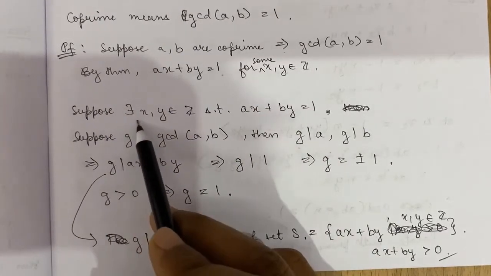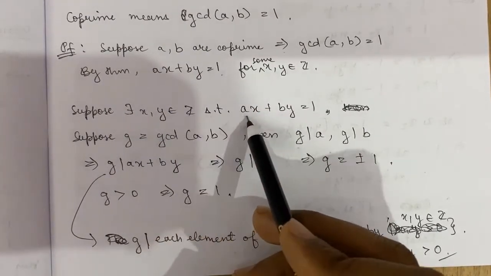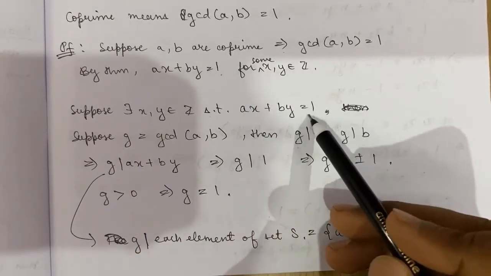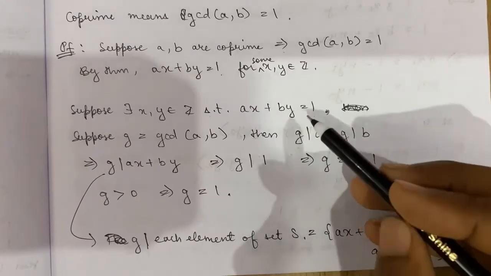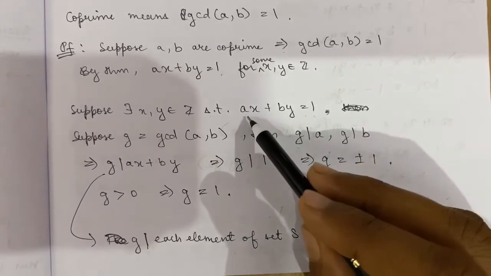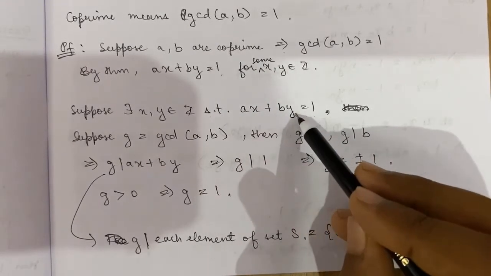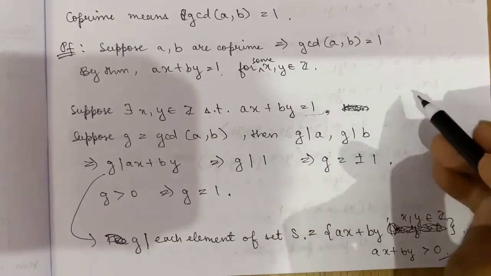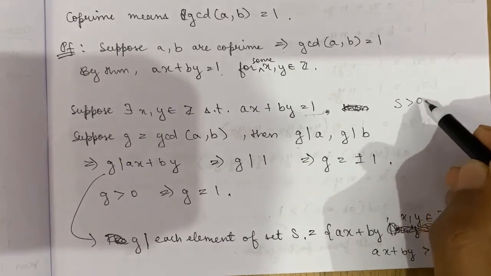So we assume, suppose x and y are integers such that ax plus by equal to 1. Before proceeding, you can just try to understand that S was the set of all elements of the form ax plus by, and all the elements of S were greater than 0.